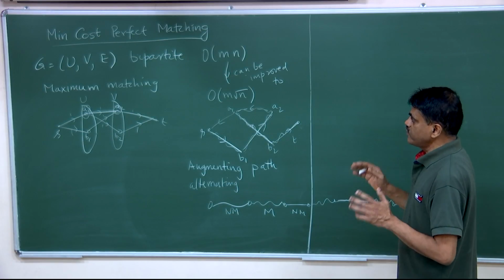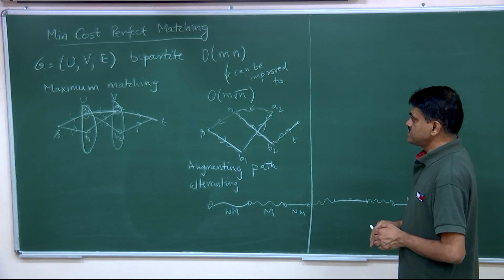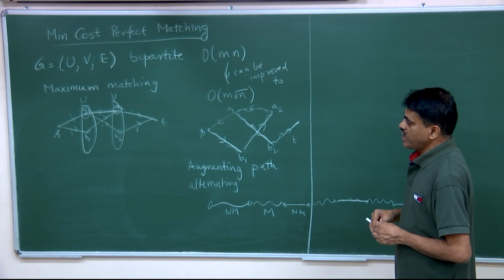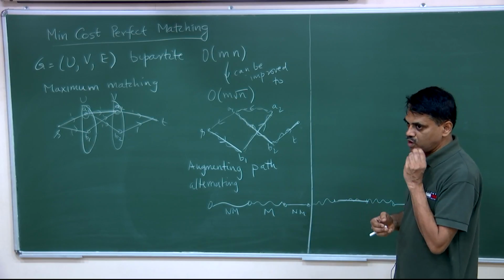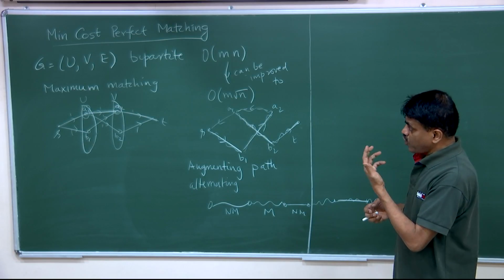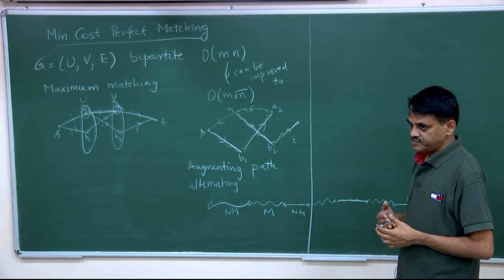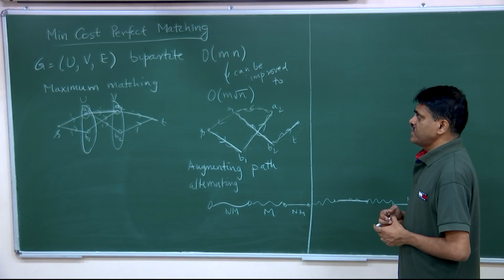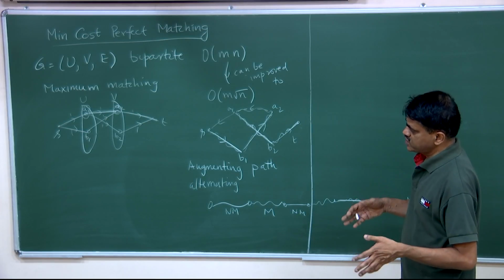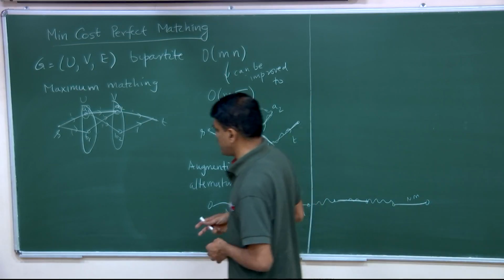So the problem we're going to look at today is that now the edges, there are no capacities anyway, capacities are all 1, but there is a cost associated with every edge, and we could even assume that what you have is a complete bipartite graph.